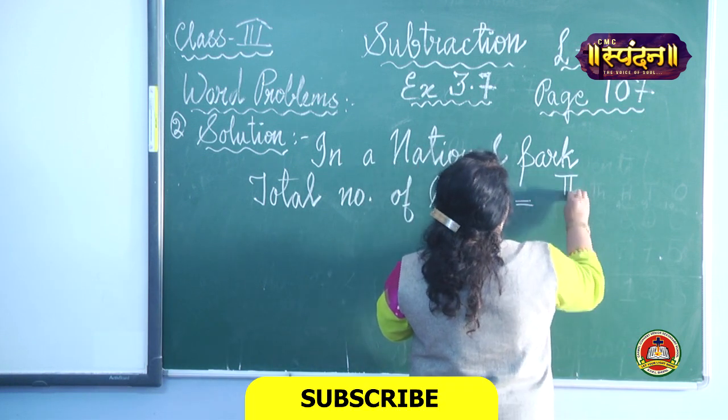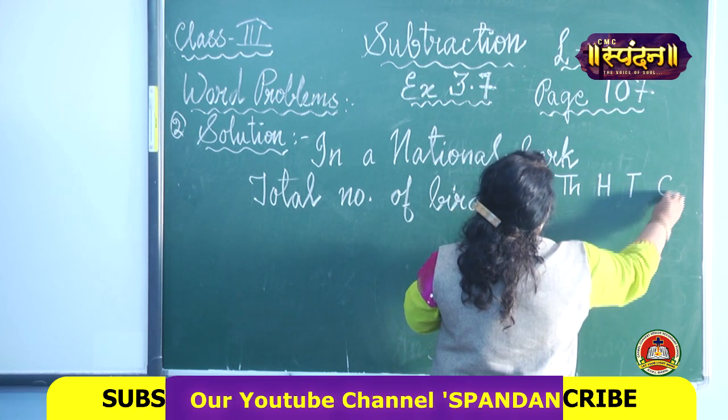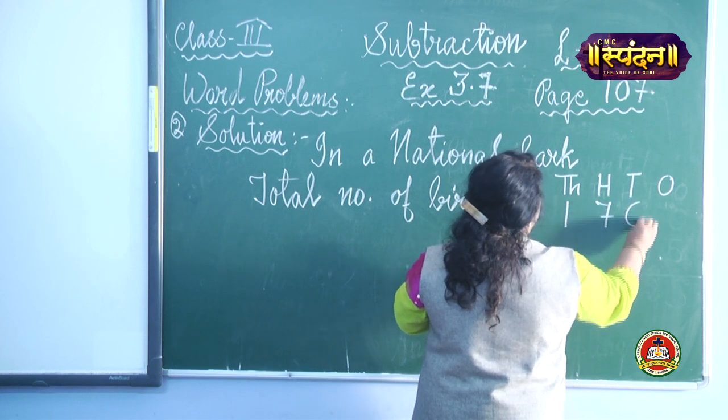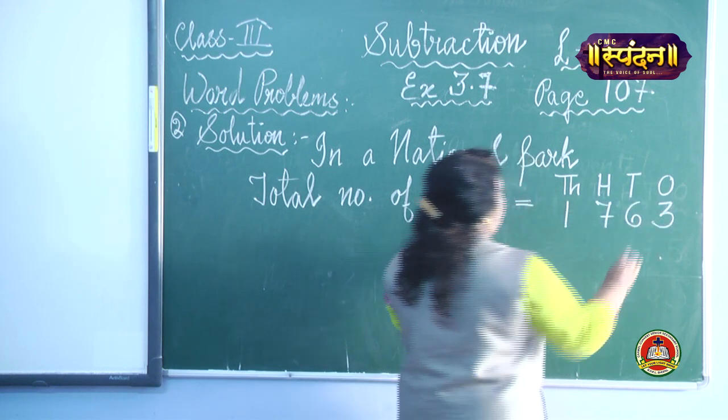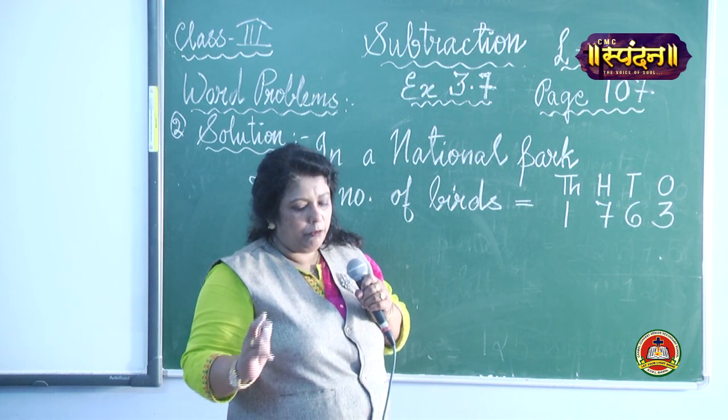Thousands, hundreds, tens, ones. 1763, right? 1763. Number of birds flew away.